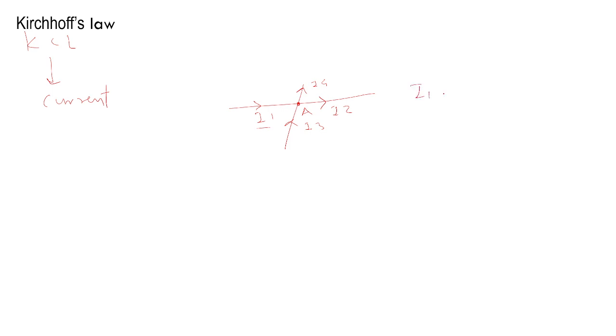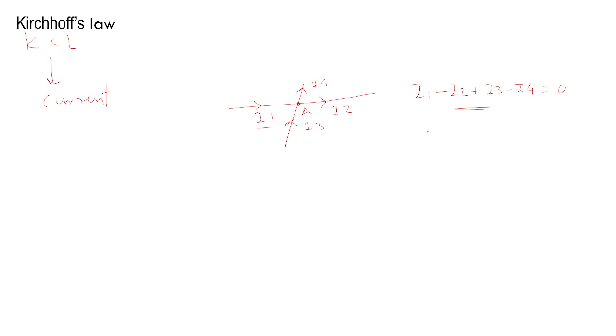I1 is incoming, so plus I1. I2 is outgoing, so minus I2. I3 is incoming, so plus I3, and minus I4, equal to 0. This is the KCL equation for this diagram.